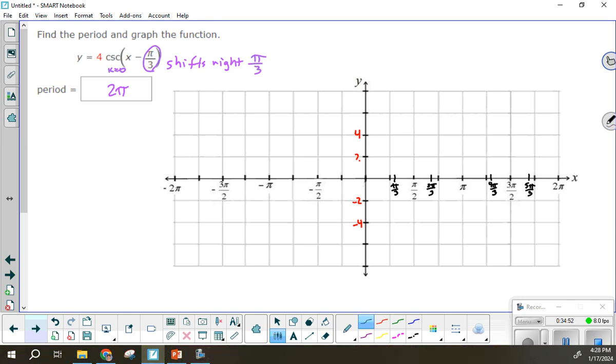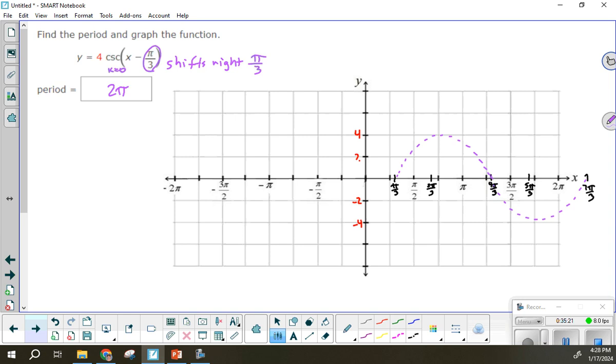I will put like 7 pi over 3. So if I'm graphing the sine function, because that's the reciprocal, from here to here's the top half. From here to here's the bottom half.